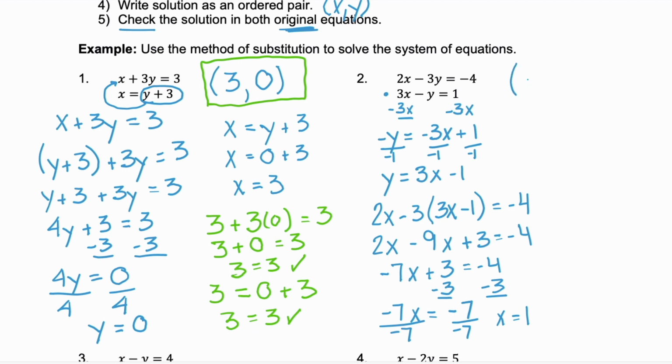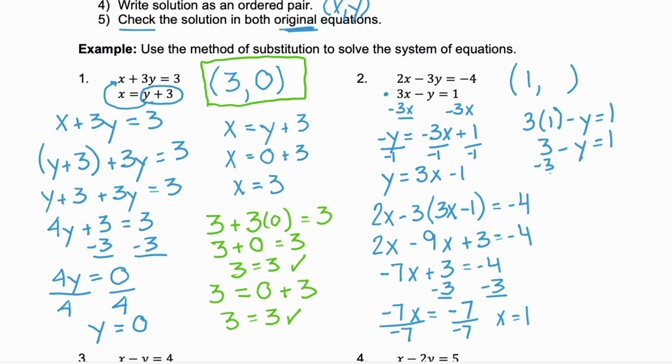So we'll start our ordered pair up here. We have 1, and we don't know what y is yet. So remember, to find y, we're going to substitute our x value into one of those original equations. So let's just use that second one. So 3 times 1 minus y equals 1, or 3 minus y equals 1.